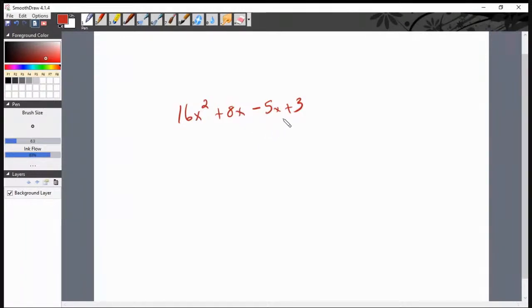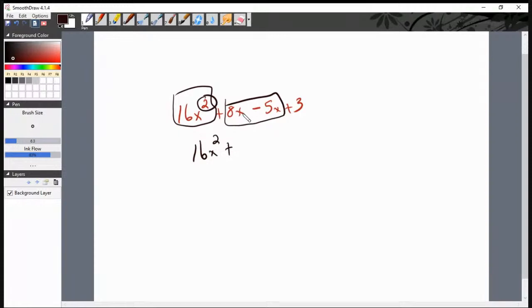We know that 3 is going to be on its own. But 8x and 5x are like terms. 16x squared is not, because of the exponent. So you can just rewrite the 16x to the second power because that's not going to change. There's no other like terms.